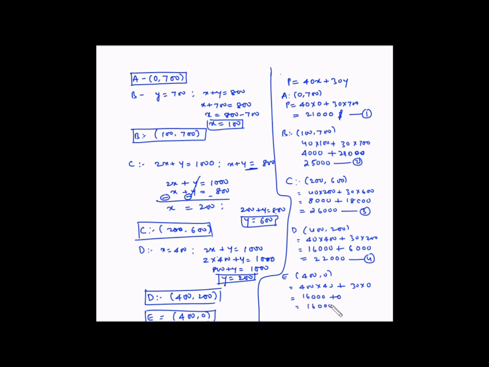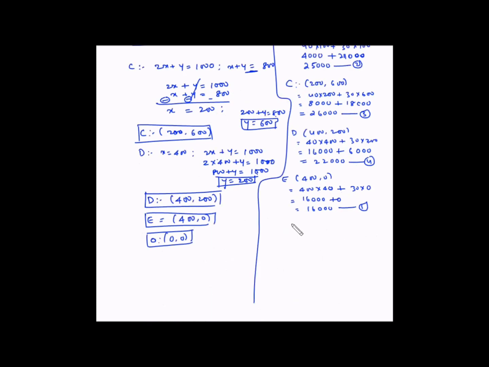So this is 16,000. Let's say this is 5. Next, let us take the coordinates of point O, which is 0 and 0. So P becomes 40 multiplied by 0 plus 30 multiplied by 0. So both are 0, so this is 0. This is 6.